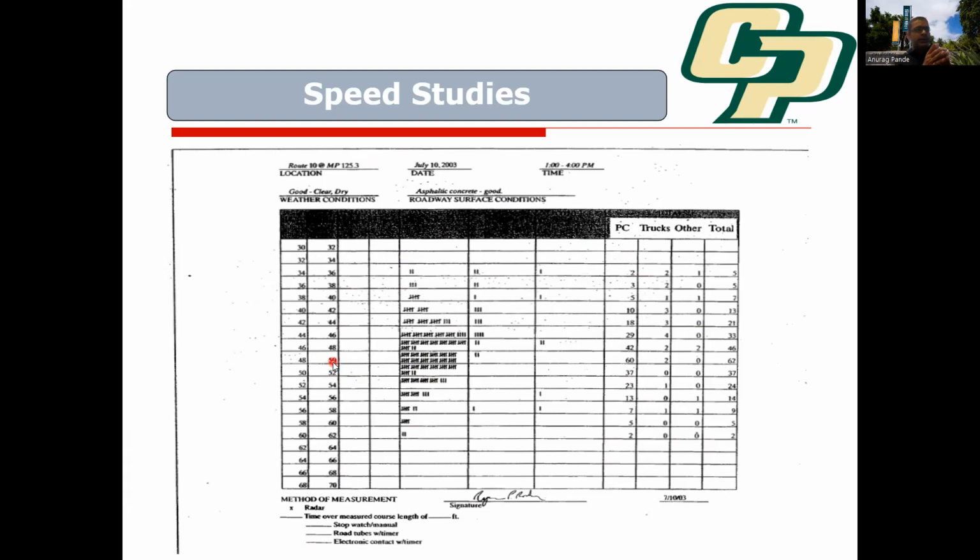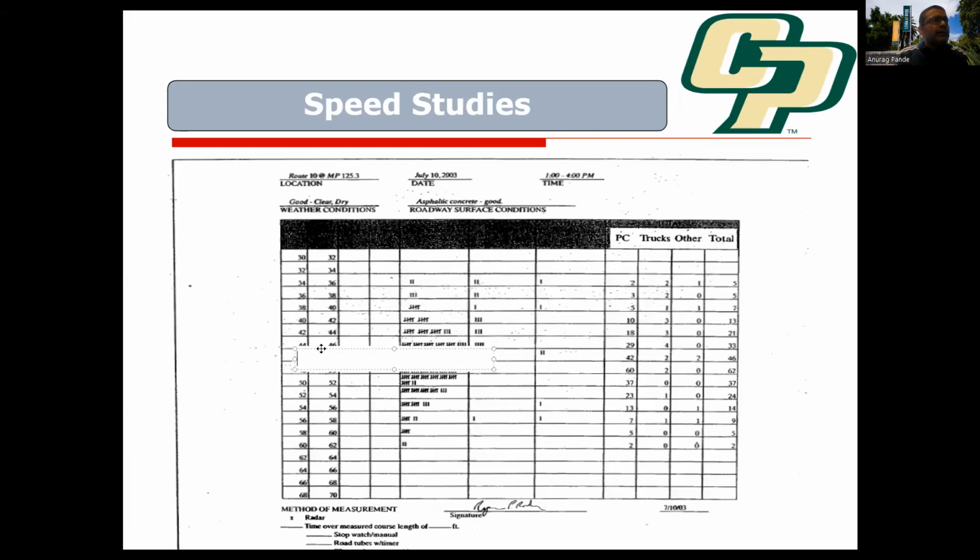So if you observe a speed exactly at 50, that goes into this bin, not the 50 to 52 bin. What this stands for, I'm going to try to draw here.